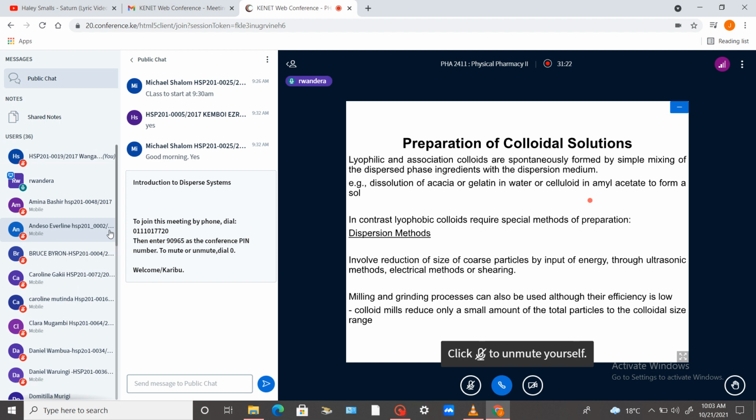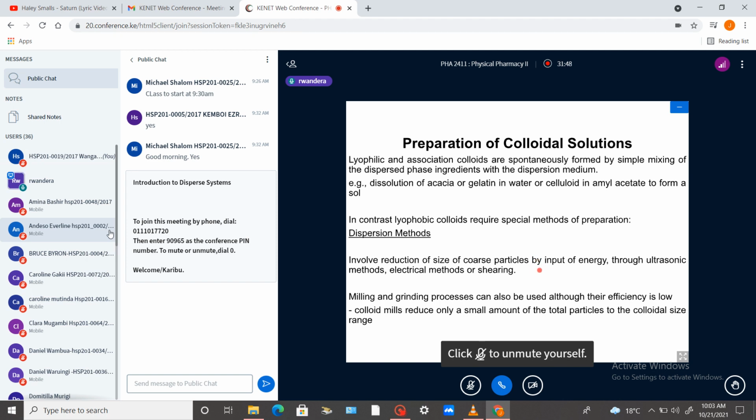Now, on the other hand, lyophobic colloids are not formed spontaneously, and therefore we employ several methods. You have dispersion methods, and dispersion methods involve the reduction of size of coarse particles by input of energy. So you reduce coarse particles to form colloidal particles, but you require energy.